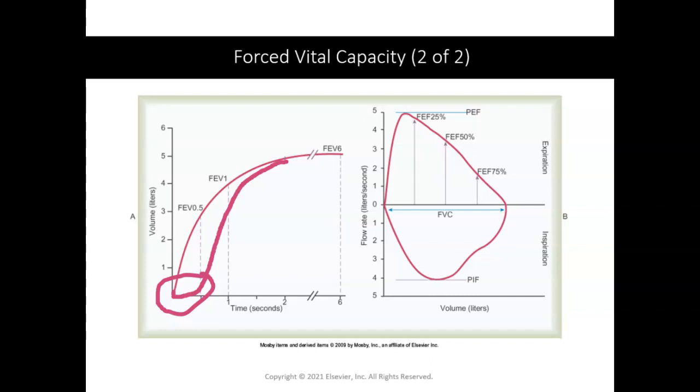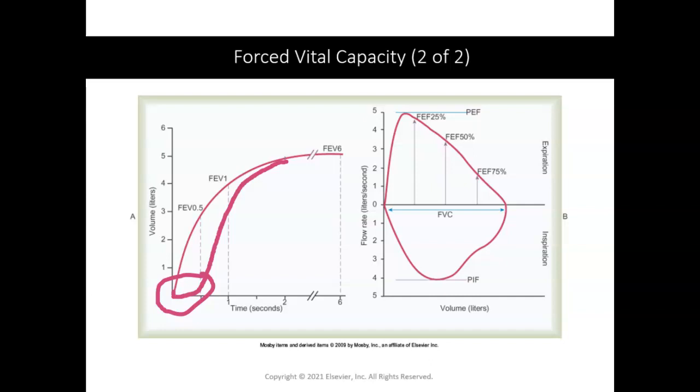Again, this is what gets confusing a lot of times for very new RTs: peak flows, we do this in the hospital a lot to assess asthma, and it is completely appropriate when you're dealing with acute exacerbations of asthma, but you're not really judging anything off of PFT results based off of your peak flow rate. That isn't a factor that determines whether you've got obstructive or restrictive disease.